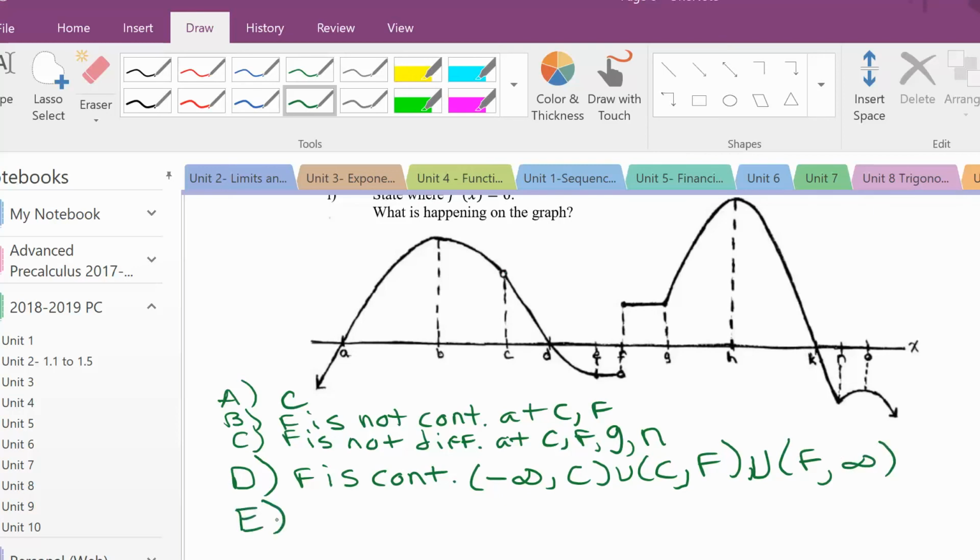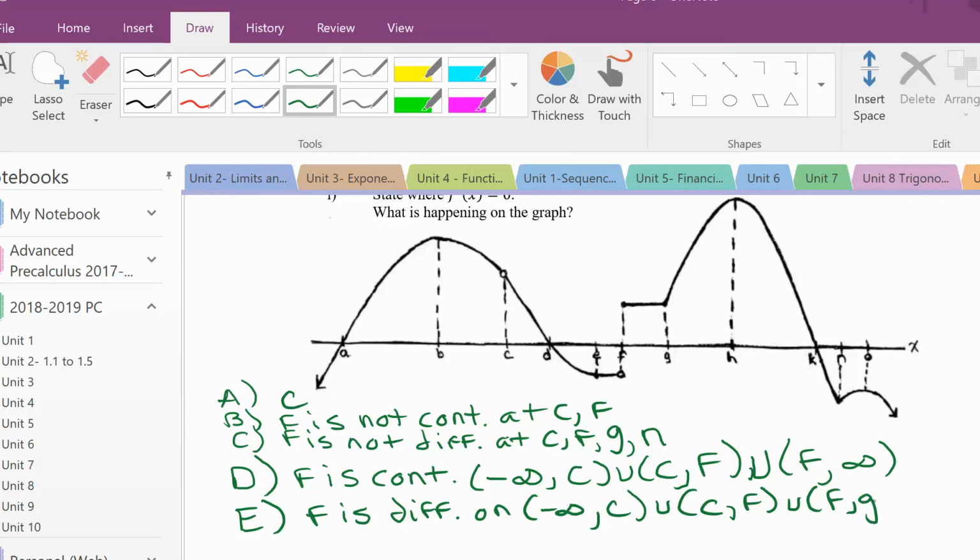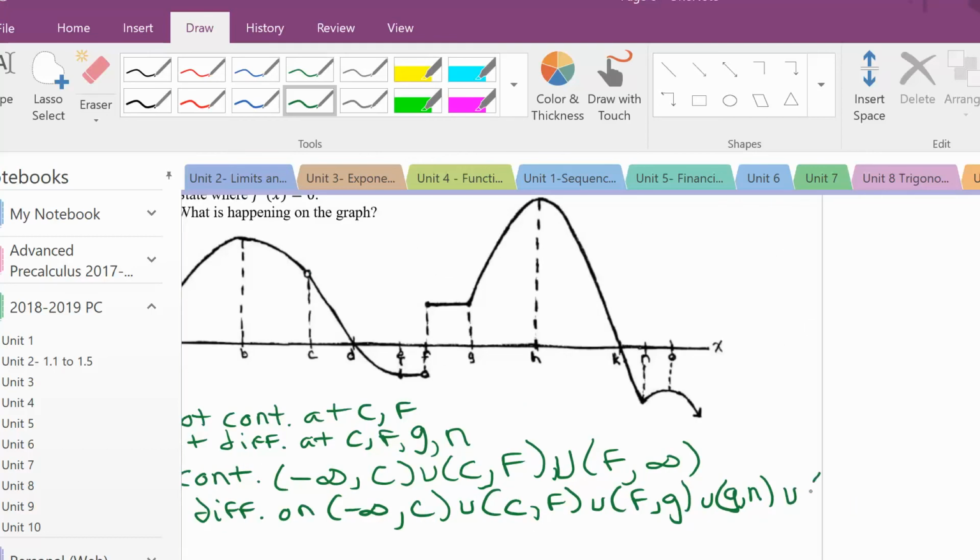Then it says for part E, state the intervals of differentiability. So F is differentiable from negative infinity to C, union C to F, union F to G, union G to N, and then union N to infinity.